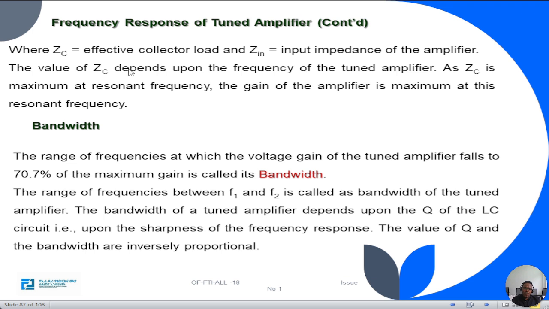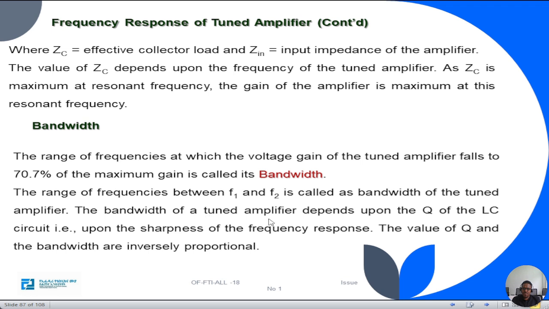Another parameter of the tuned amplifier is the bandwidth, the range of frequency at which the voltage gain of the tuned amplifier falls to 70.7% of the maximum gain. The range of frequency between the lower frequency and higher frequency, that means F1 and F2, is called the bandwidth of the tuned amplifier.